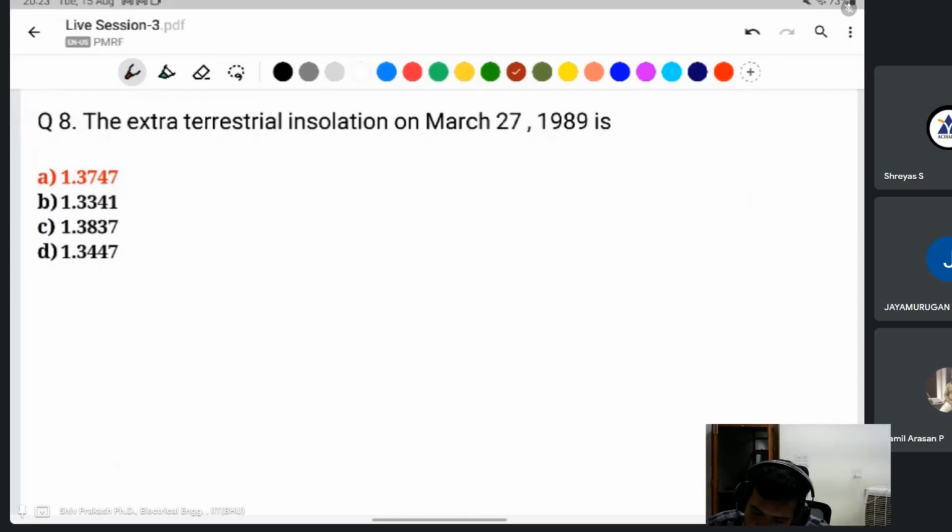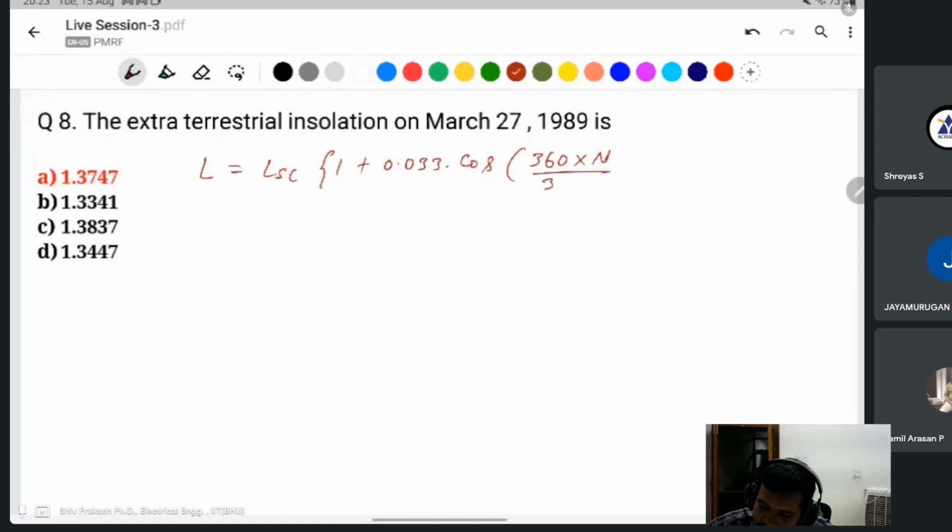The terrestrial insolation on March 27, 1989 is: L is equal to L solar constant times 1 plus 0.033 into cos of 360 into n divided by 365.